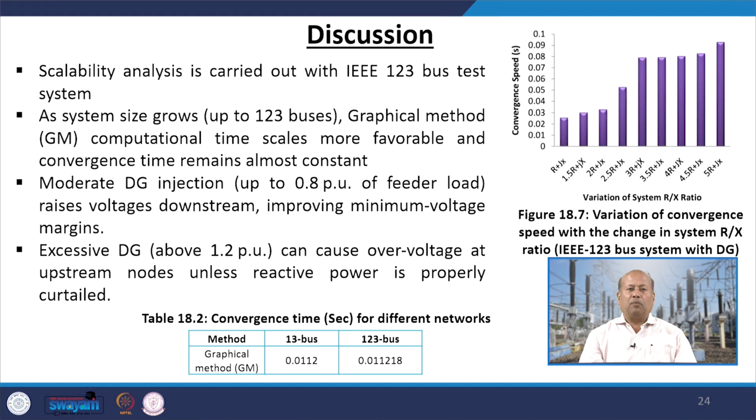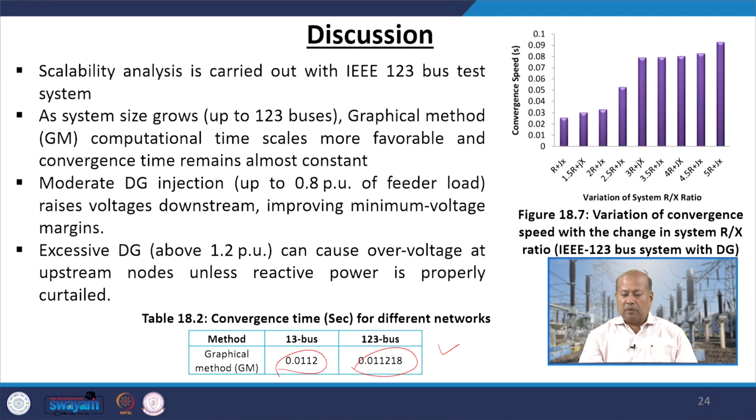Excessive DG above 1.2 per unit can cause overvoltage at upstream nodes unless reactive power is properly curtailed. As you could see, the convergence time for 13 bus is 0.01 second, and for 123 bus it is 0.01 second, so almost similar time. This is the advantage when the number of buses is significantly increasing. In the graph-based distribution load flow algorithm, the time does not increase significantly or exponentially.